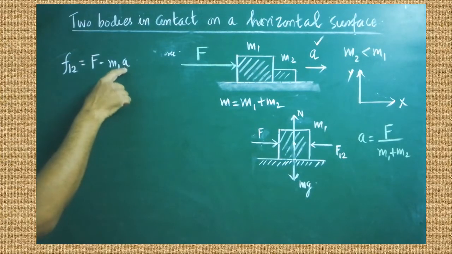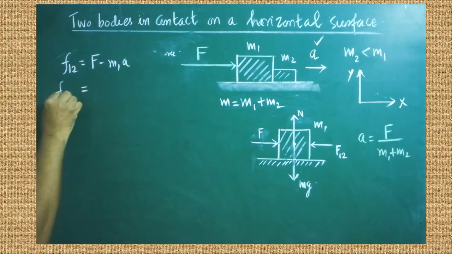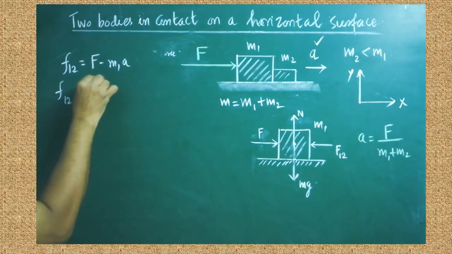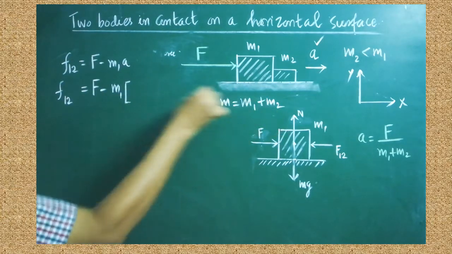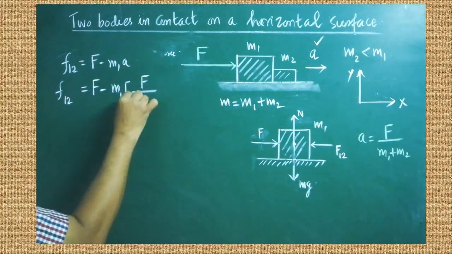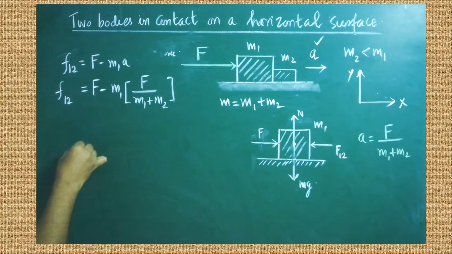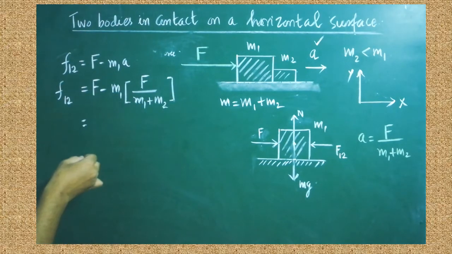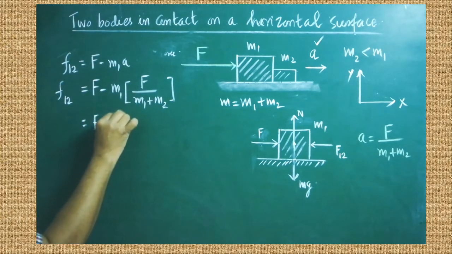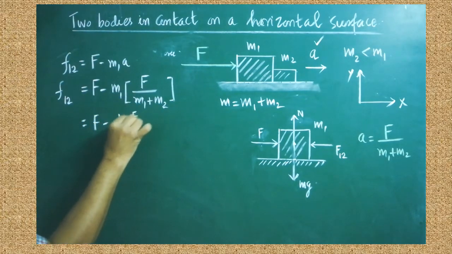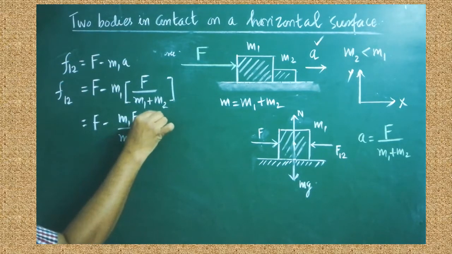So, substitute instead of A the acceleration formula: F12 is F minus M1 times F divided by M1 plus M2, and then you expand it. Is it clear how it can be written?